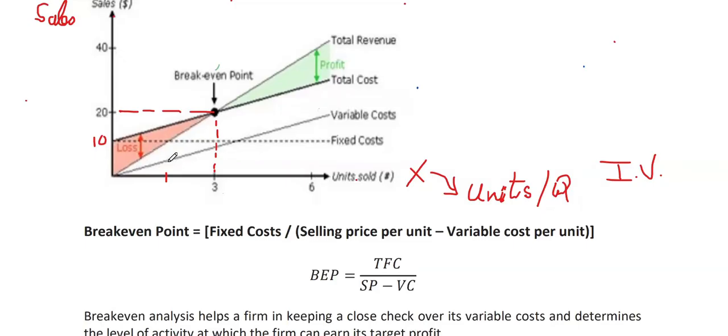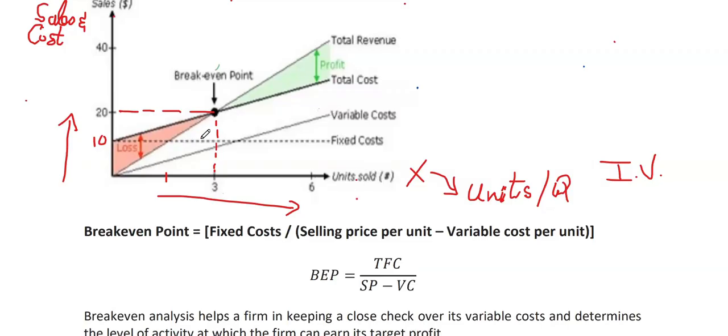Two observations here about the variable cost line. Firstly, it slopes upwards, which means that as the quantity increases, so too does the cost. Strictly speaking, both sales and cost are measured on the y-axis, and units on the x-axis.